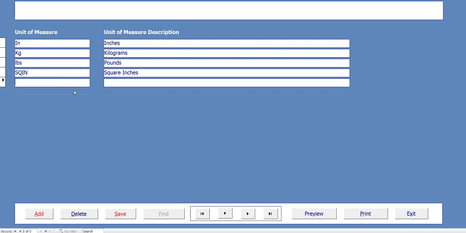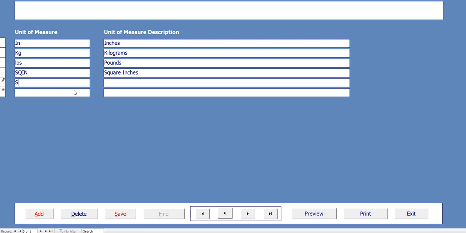So I'm going to call this one SM1. So that's going to stand for sheet metal 1 that is 48 inches by 96 inches. So that's a 4-foot by 8-foot piece.